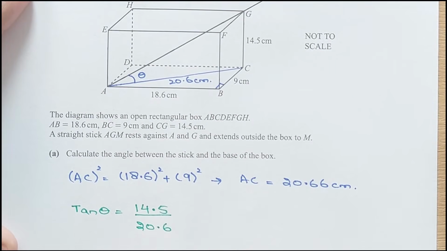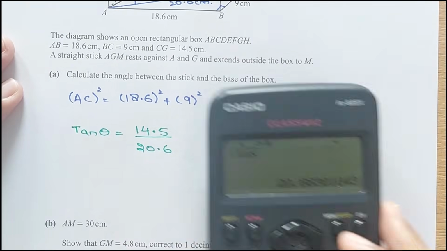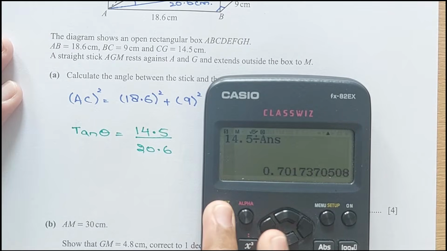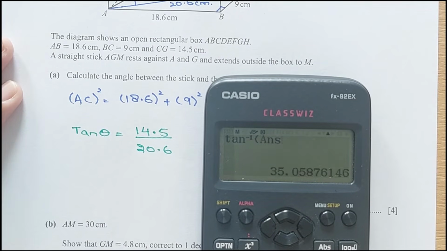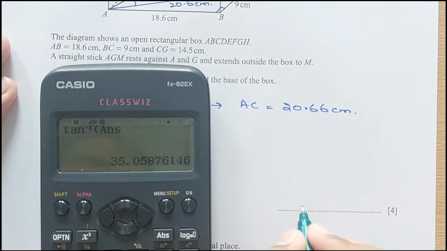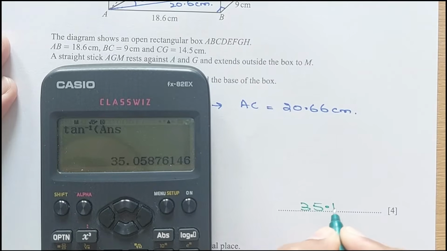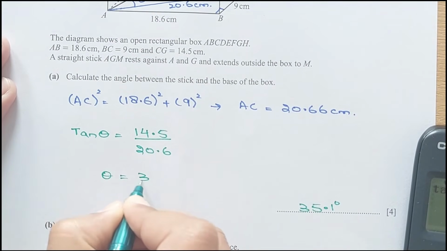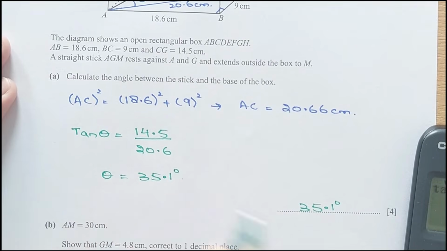Now let me solve for theta. We have 14.5 divided by the answer and take the tangent inverse, which equals 35.05 or 35.1. So this angle theta is 35.1 degrees.